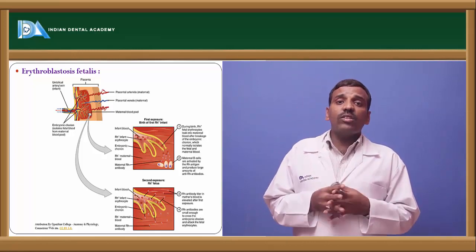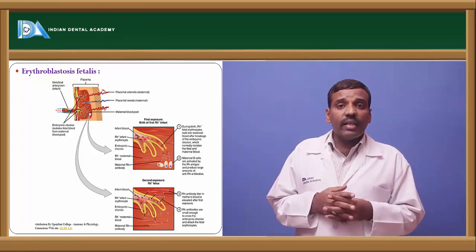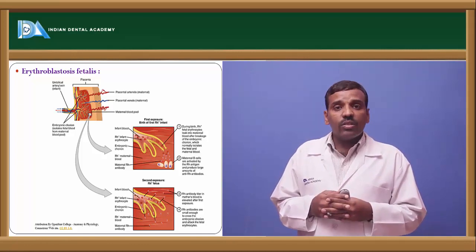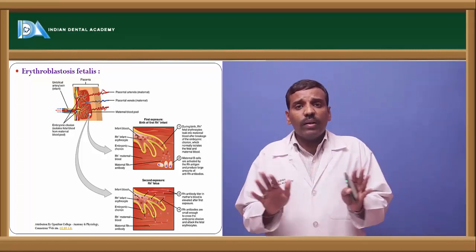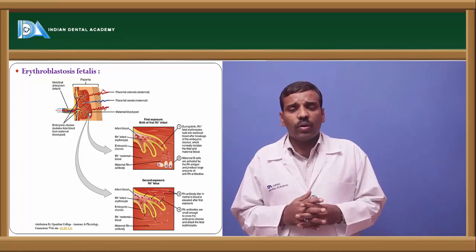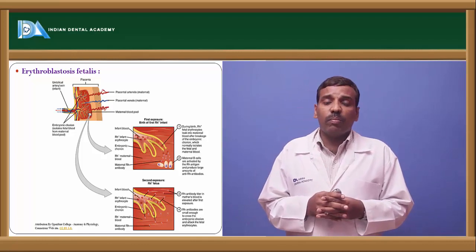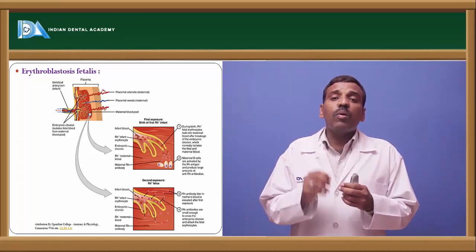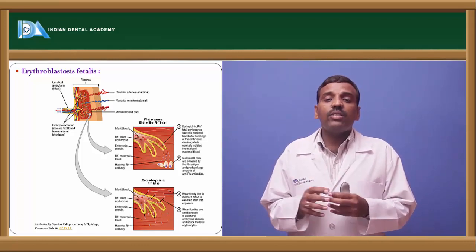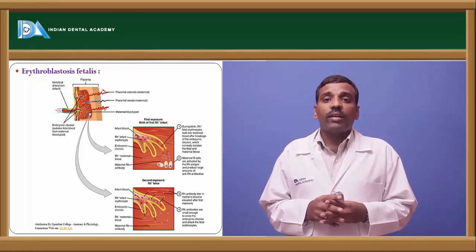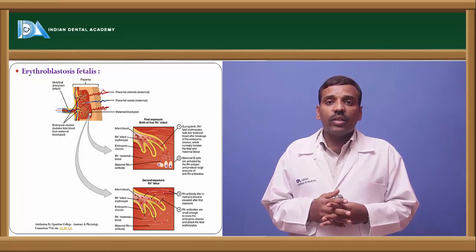In this case, if the mother is RH negative and the fetus is RH positive, then in the first birth there is no problem at all. During the first birth, at parturition, some amount of the blood is released through the placenta into the mother, so the D antigens are released.